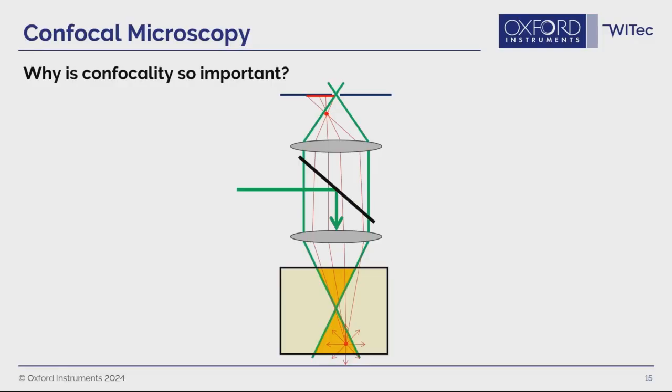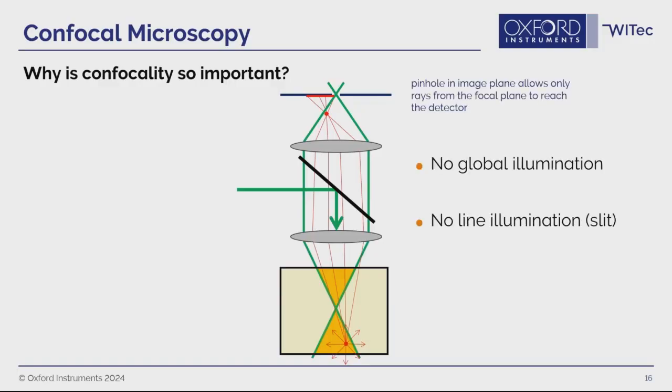Because of the pinhole, all the light which originates from out of focus plane is not able to pass through to the detector. And thus we have a lot of benefits from this setup. So the pinhole in the image plane allows only rays from the focal plane to reach the detector.